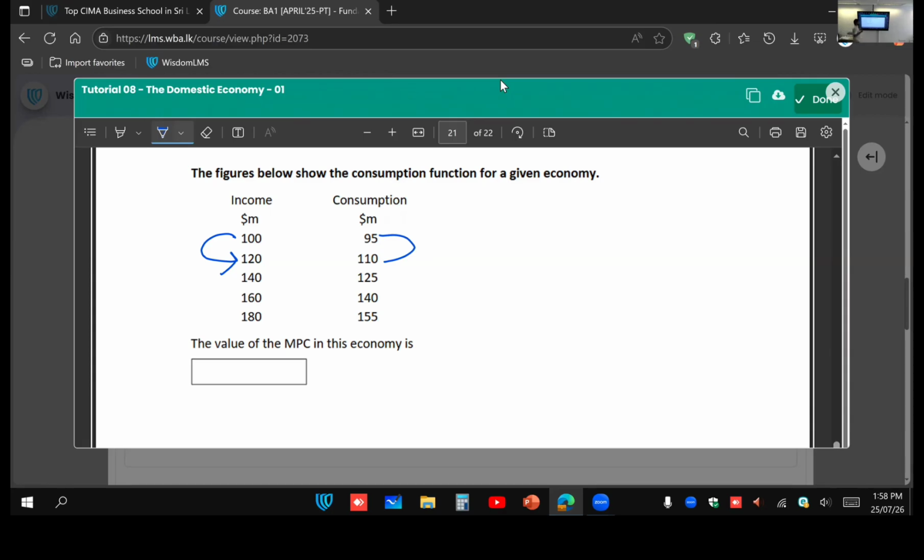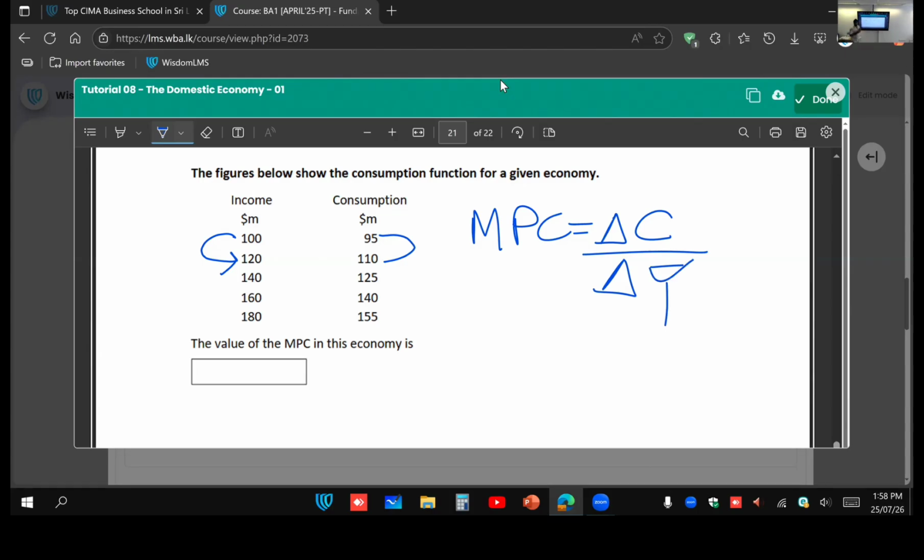Simply put together, MPC is equal to percentage change in consumption over percentage change in Y.